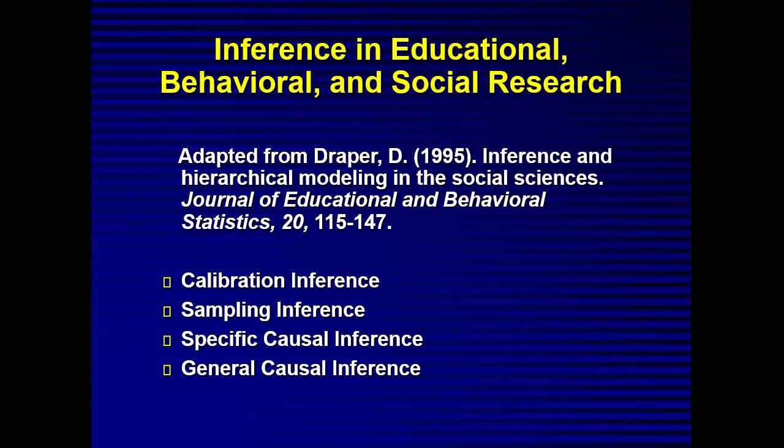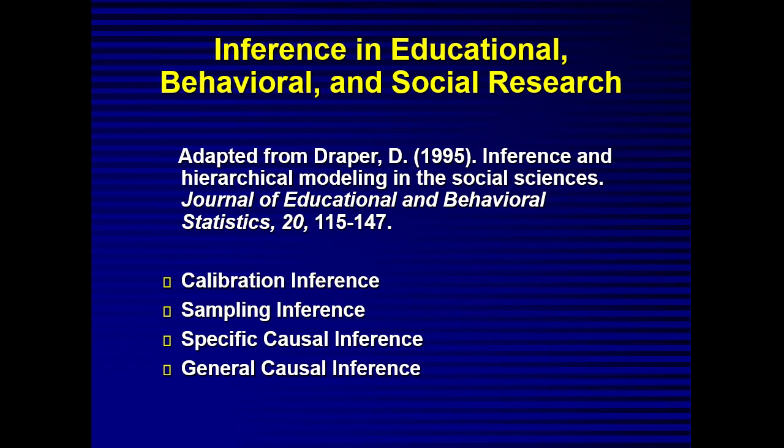From those 4 possibilities, he named 4 different types of inference. They're good names, I want to use them, and I want to discuss them right now. These 4 types of inference are calibration inference, sampling inference, specific causal inference, and general causal inference.